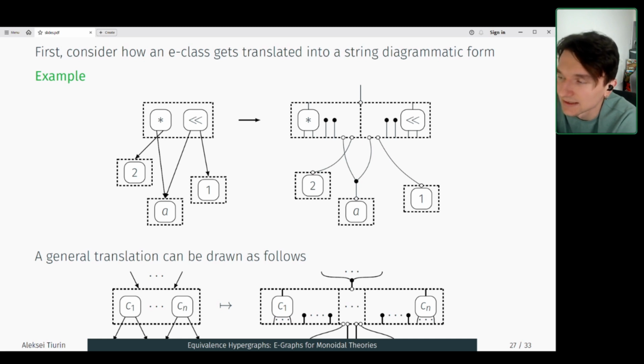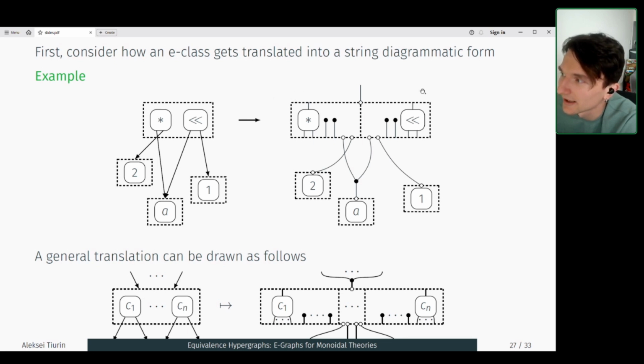Each trivial E-class gets translated as it is into a hierarchical box. And what you can notice is that now we have an explicit sharing of A by using the copy generator. However, the non-trivial E-class is translated a bit differently.